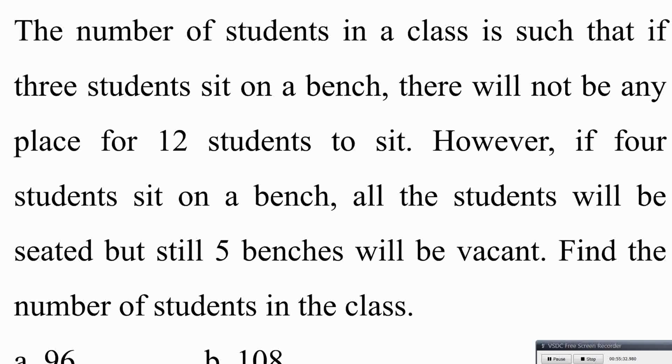The question is the number of students in the class. Good question, practical question. You can do option verification also, but the problem is you don't know the number of benches. Let the number of benches be n, and students be something. The number of benches is not given in the question.